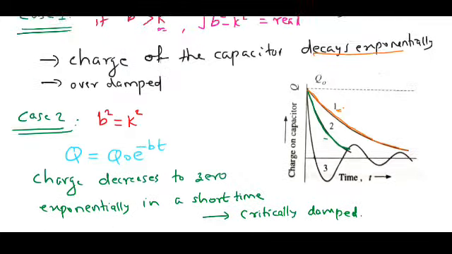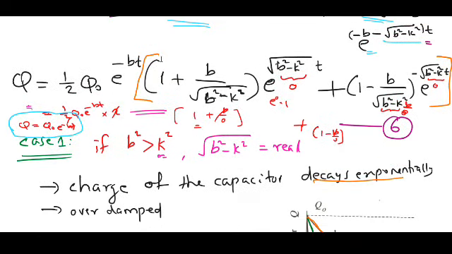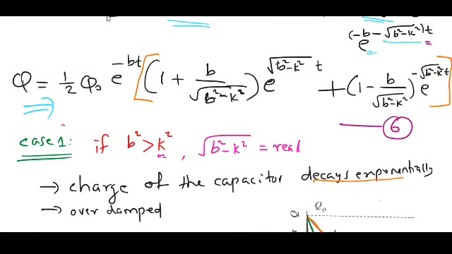That is, if you go back to equation 6, here is the root of b square minus k square. If b square is less than k square, then this will be a negative root. The negative root is nothing but imaginary. Fine.